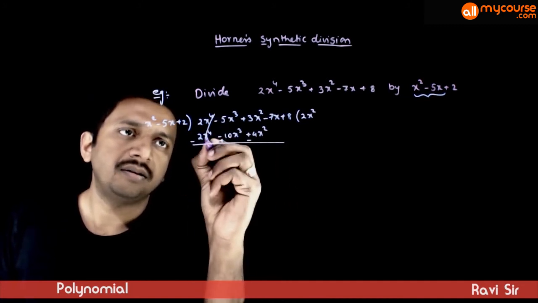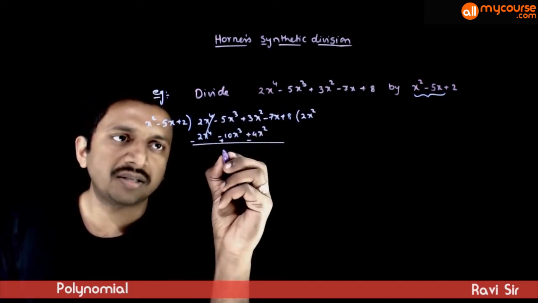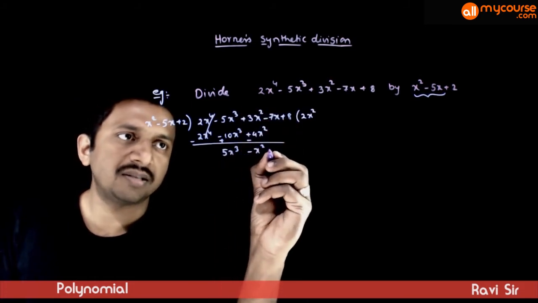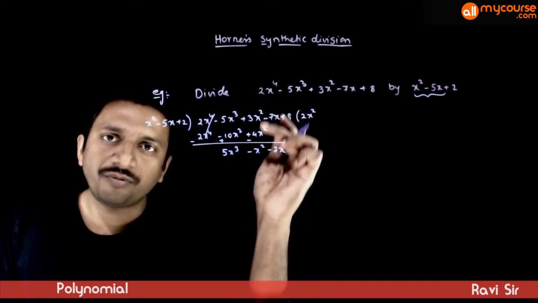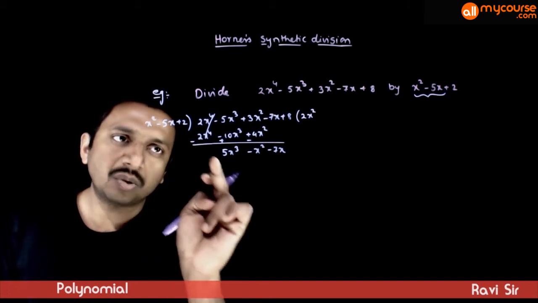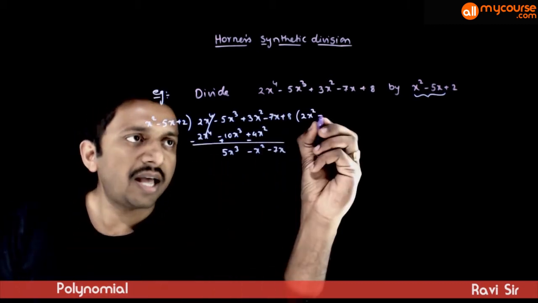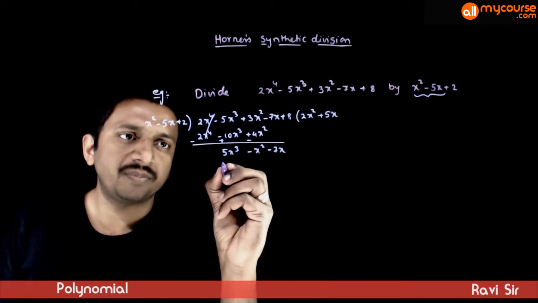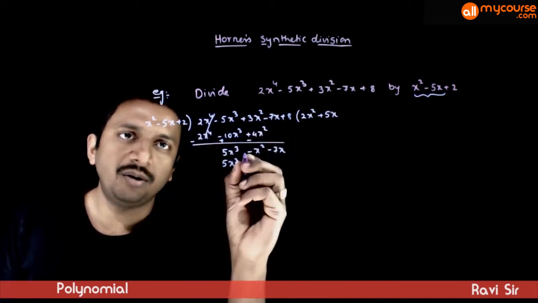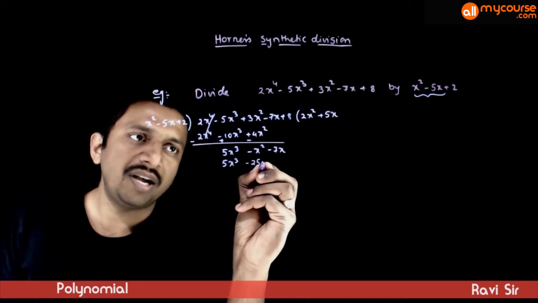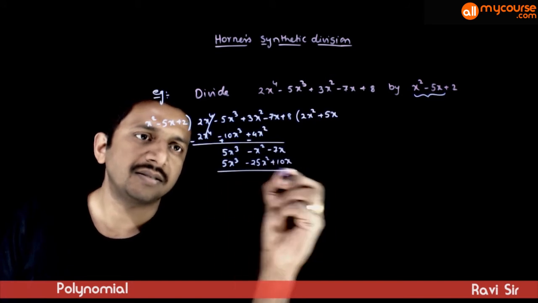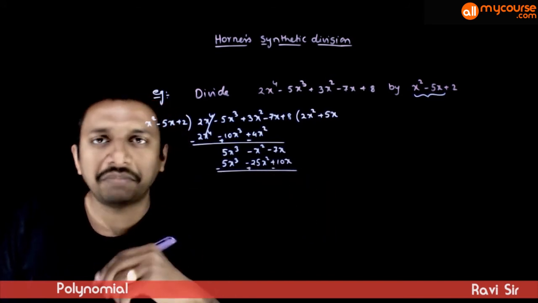Subtract. 10x cube minus 5x cube is 5x cube. 3x square minus 4x square is minus x square, and you borrow the next term, minus 7x. Now x square into what is 5x cube? X square into 5x is 5x cube, minus 5x into 5x is minus 25x square, plus 10x. Minus, plus, minus.